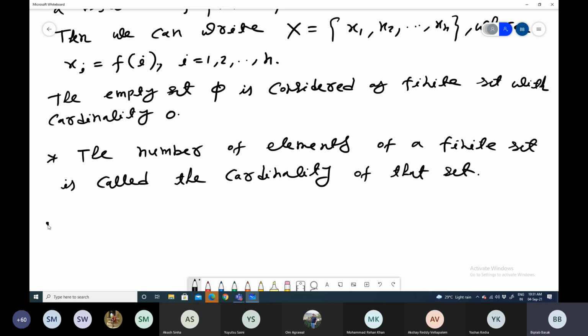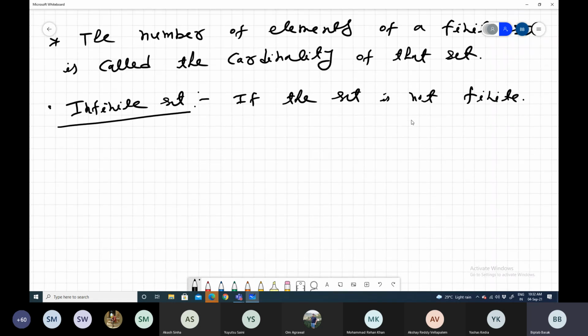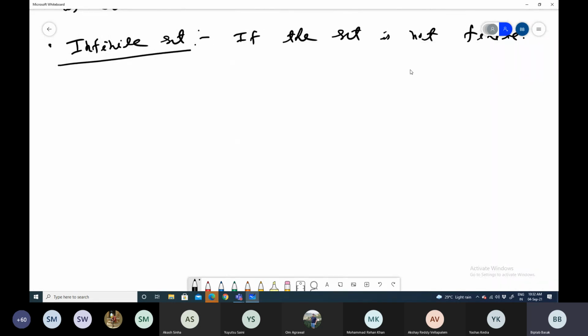Now then, what is the definition of an infinite set? Now it is simple. An infinite set means the set is not finite. So if you have a set which is not finite, then we will call that an infinite set.